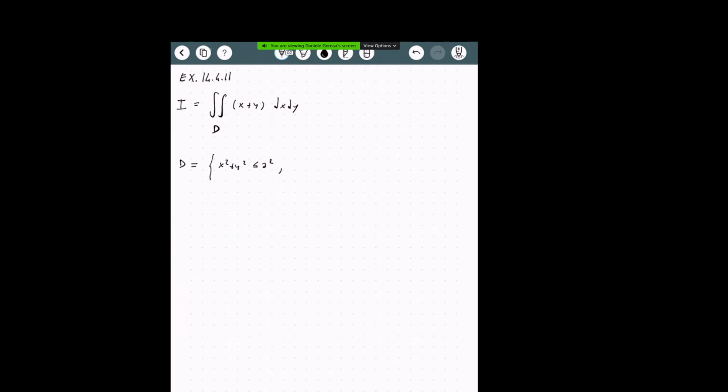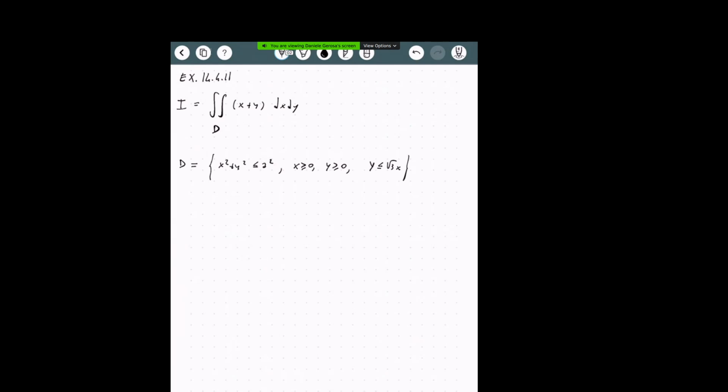So we want x positive, y positive, and y below the square root of 3x.